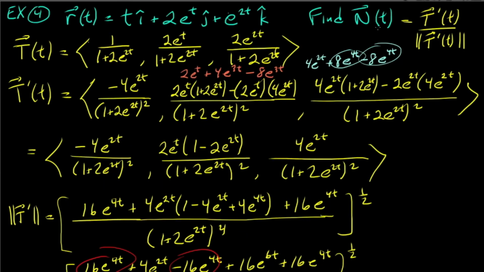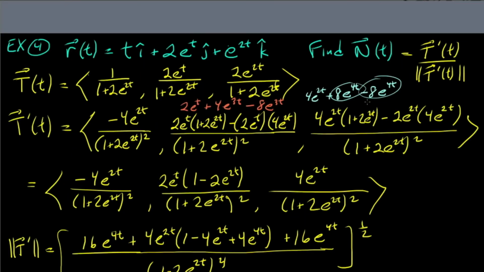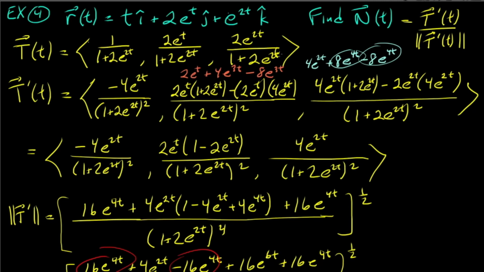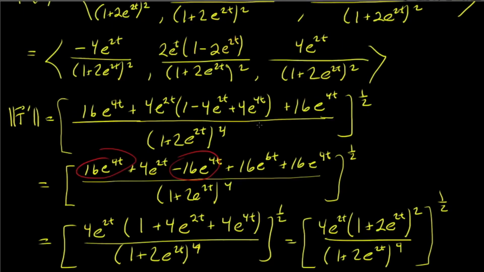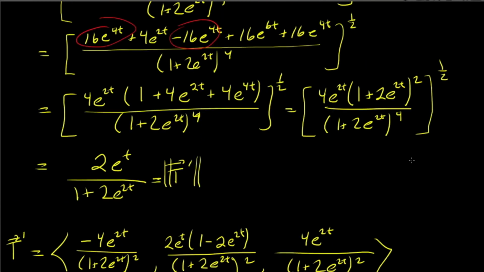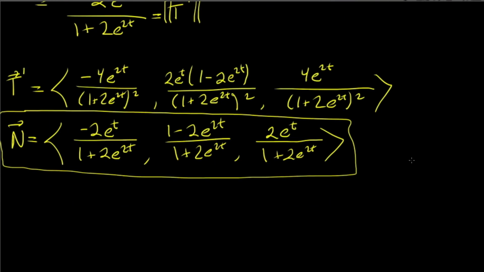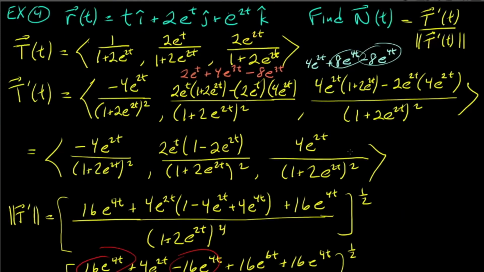So that's the principal unit normal vector for this example up here, the same one we did in example 2, where we found the tangent vector. Now we found the normal vector, and as you can see, this was way worse. Let me copy down T again.